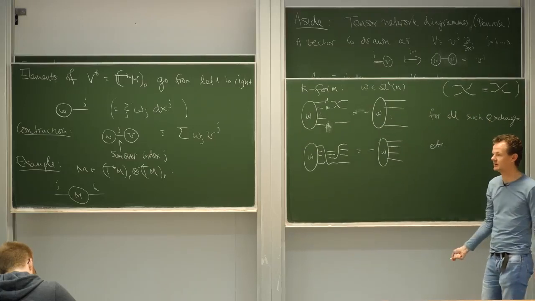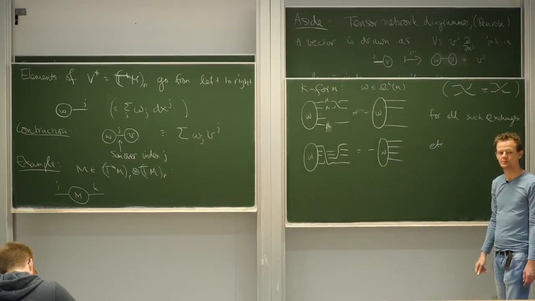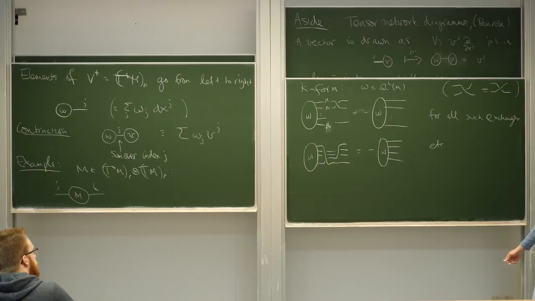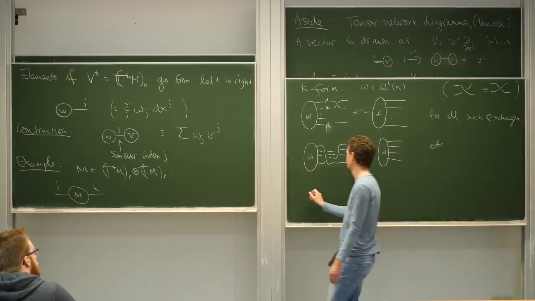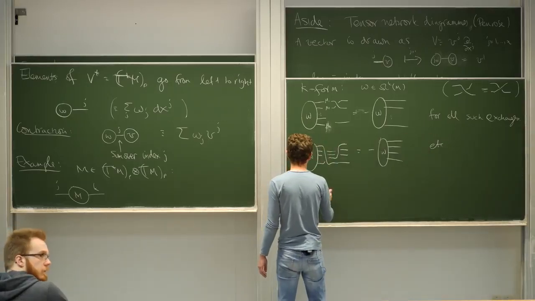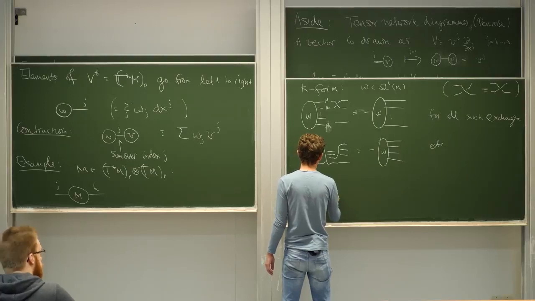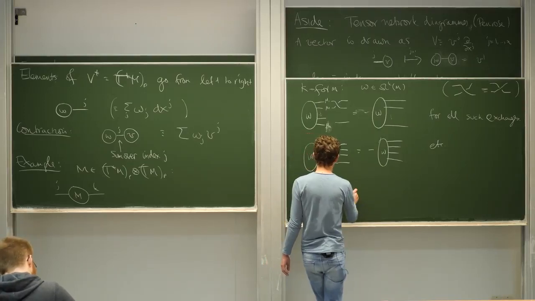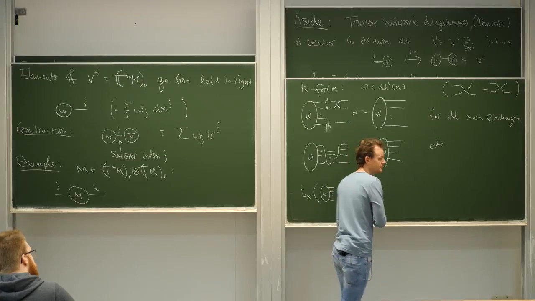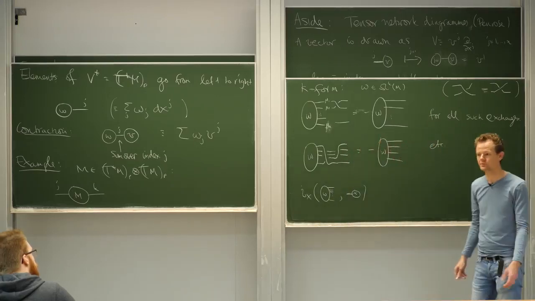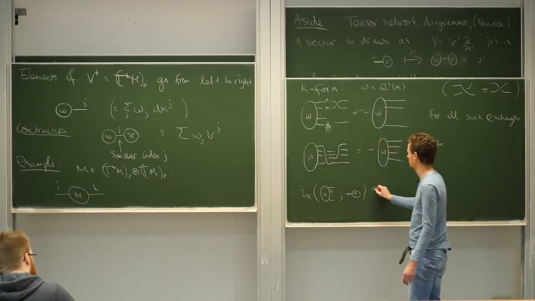And now in this diagrammatic calculus, we can see what the interior product is doing. The interior product takes a k-form and a vector x and produces a k-1 form. How does it do it?